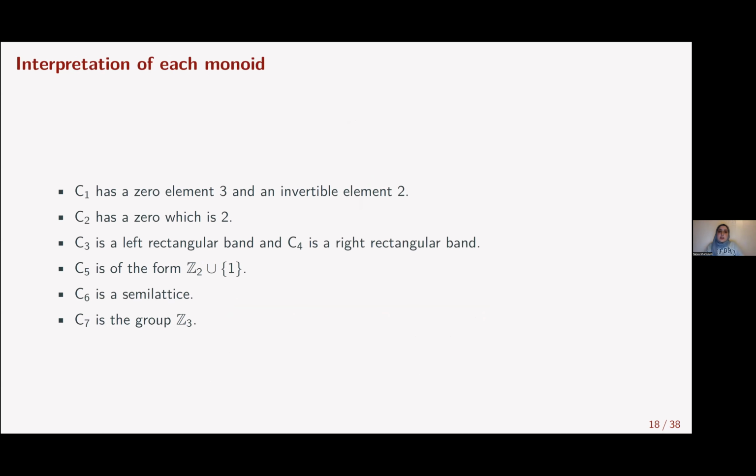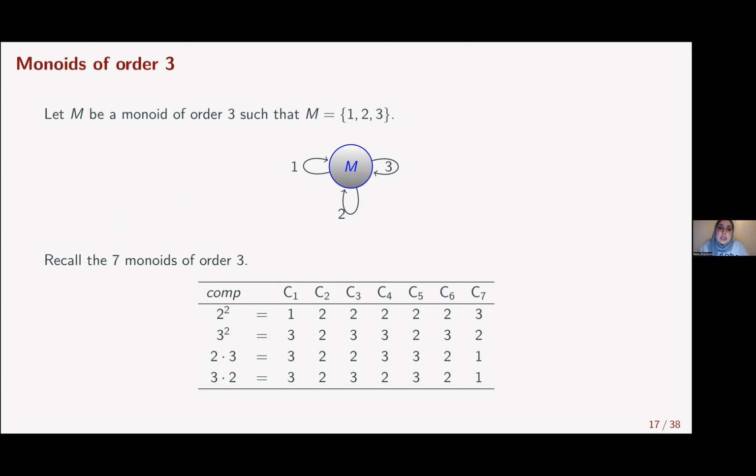So we will interpret each of the monoids. C1 has a 0 element, which is 3, and an invertible element. The 0 element means that it absorbs multiplication. It's actually the opposite of a neutral element. When we multiply it by any other element, it gives you itself.